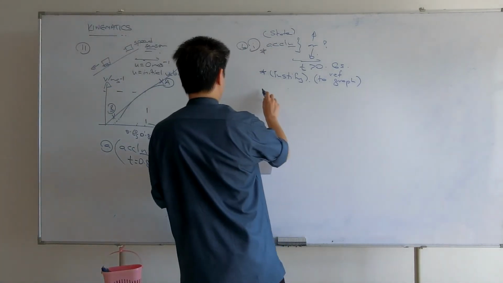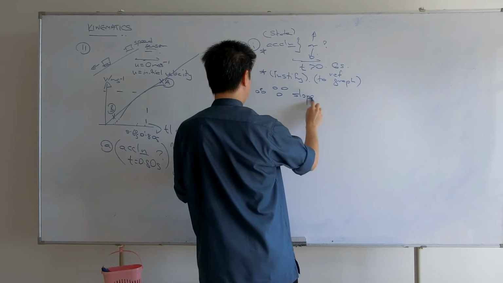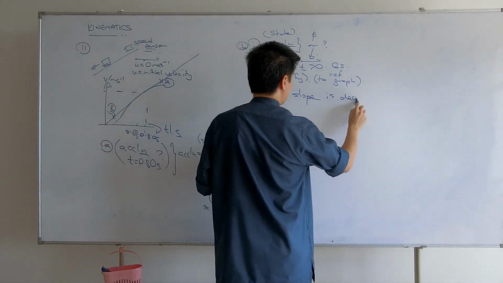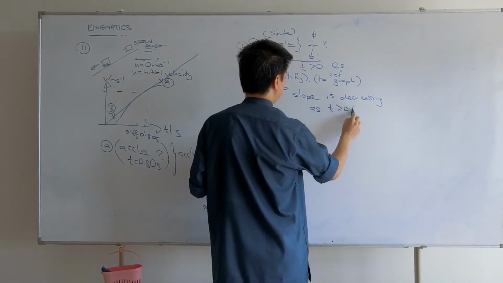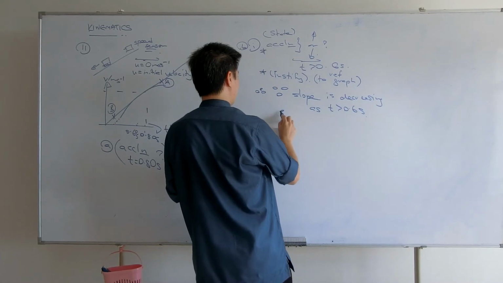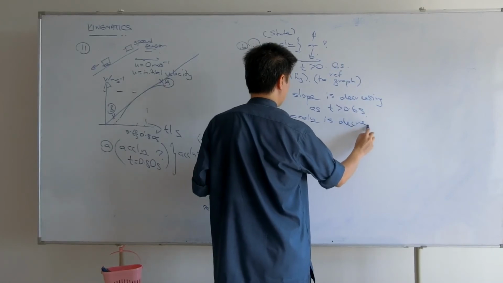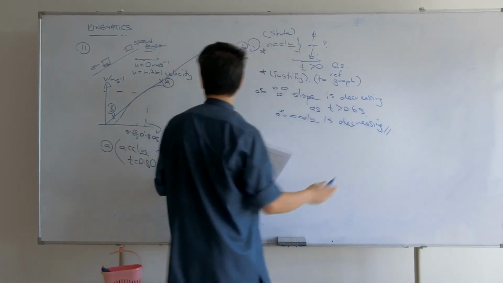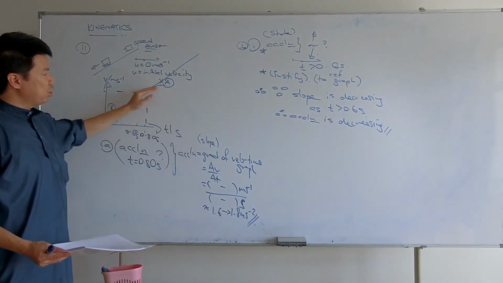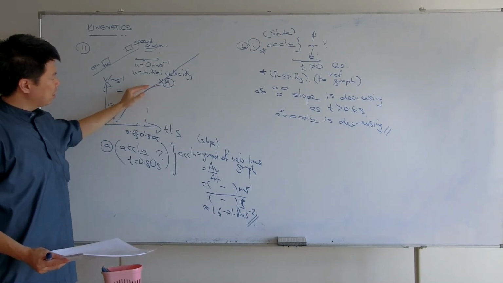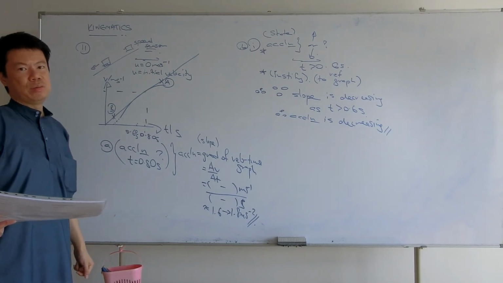So therefore, the answer here: because slope is decreasing as t gets greater than 0.6 seconds, therefore acceleration is decreasing. Okay. Again, the slope or the gradient represents acceleration. When the slope is getting less steep, it means your acceleration is also decreasing.